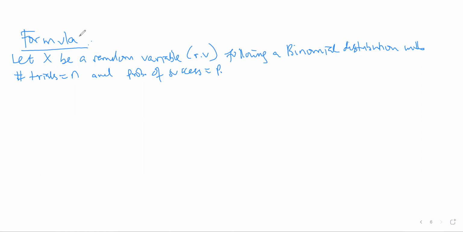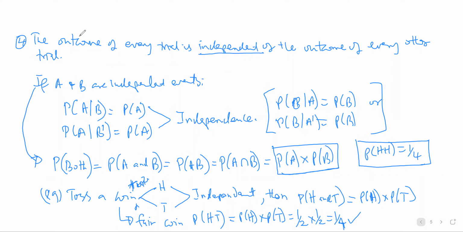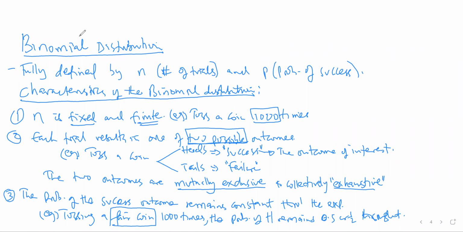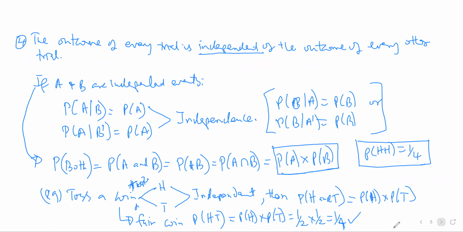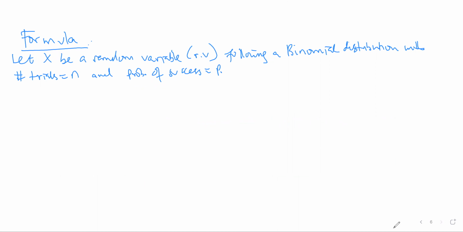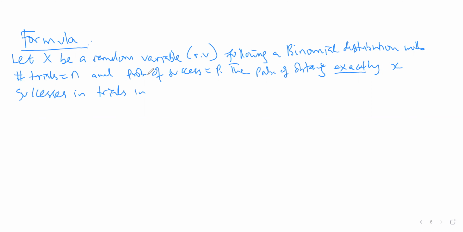Then we also mentioned that for discrete probability distributions, we talk about the probability of getting an exact value of X. So if you are not given a question involving an exact value of X, you have to reduce it into a series of exact values of X. So we say the probability of obtaining exactly, and that word is very important, exactly X successes in N trials is given by this formula.